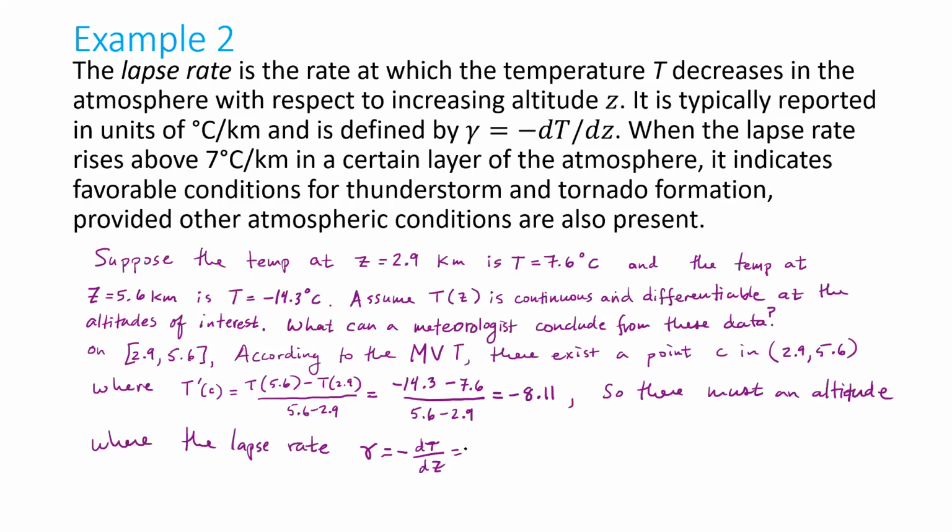So that would be positive 8.11, which is definitely bigger than 7, right? So it implies that there is favorable conditions for a thunderstorm and tornado formation.